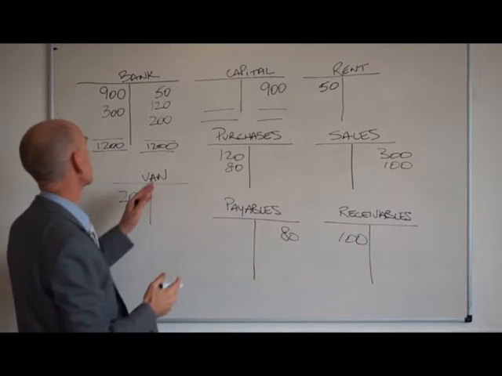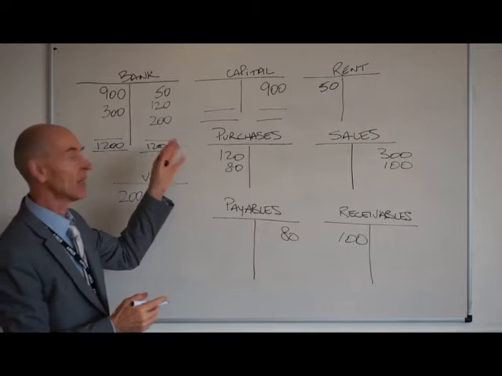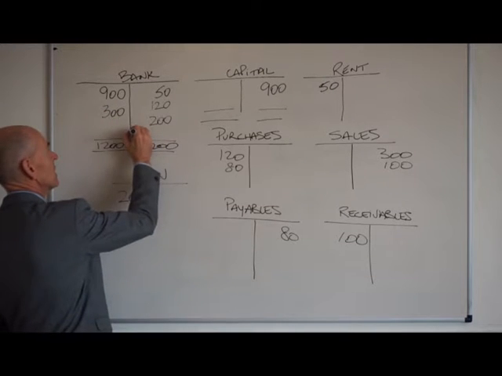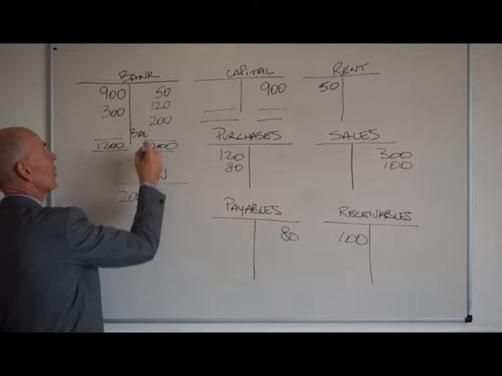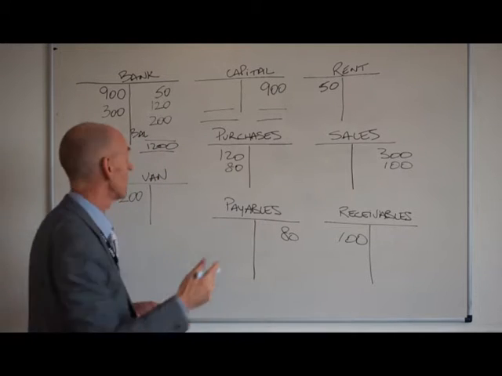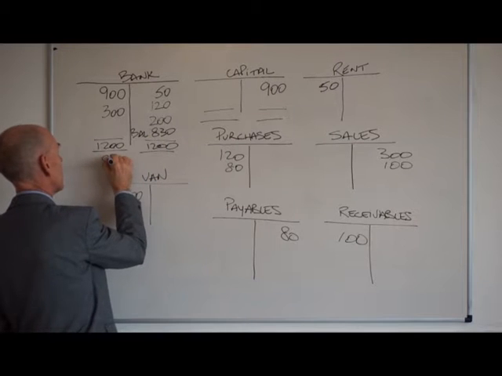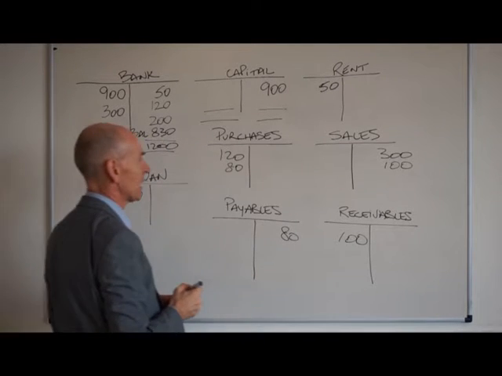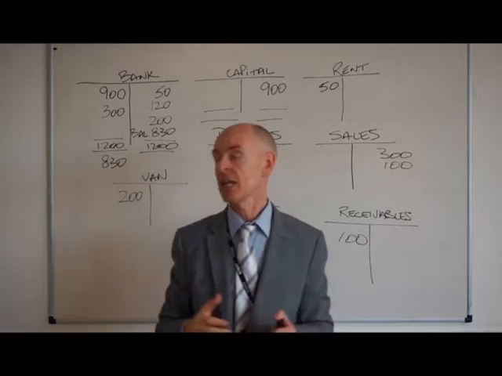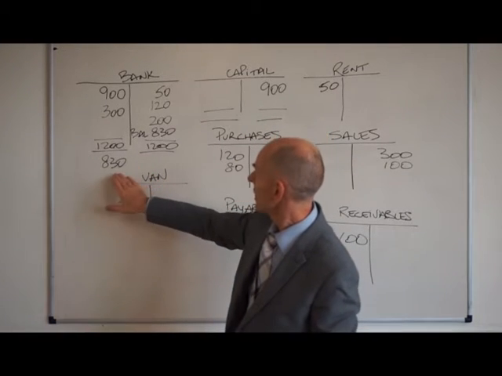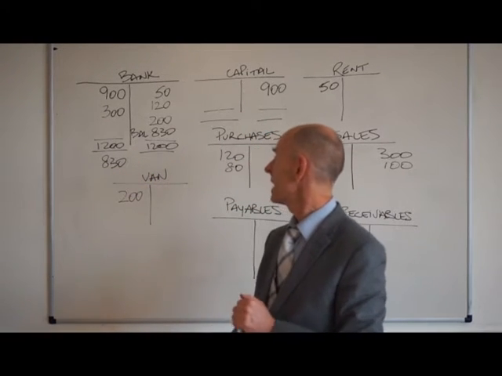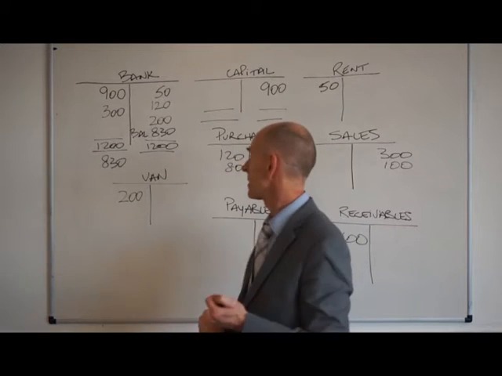So there's 830 more on the debit side than the credit side, and so we say that the balance carried down is 830. And we could put that there. Okay, so that gives us a clearer picture regarding the bank account, i.e. we've got 830 in the bank.